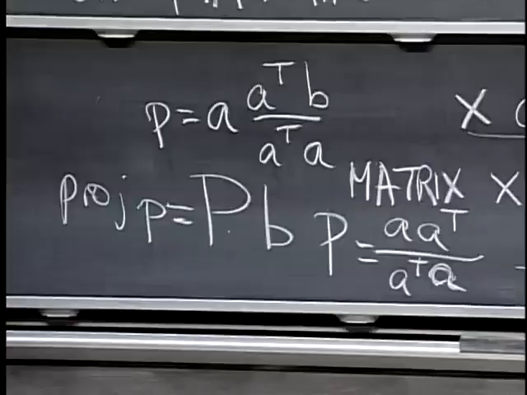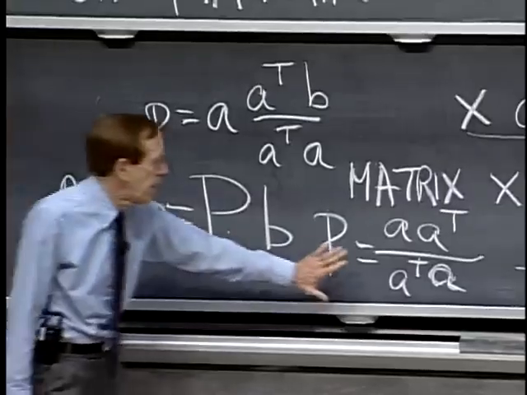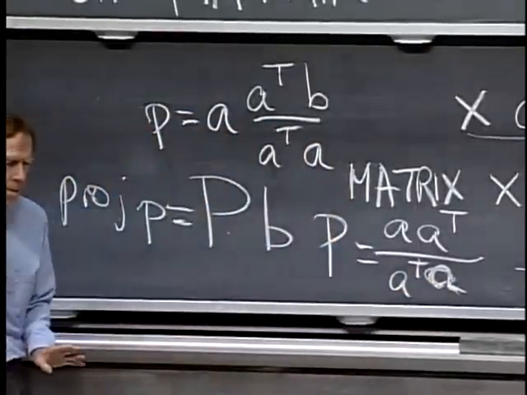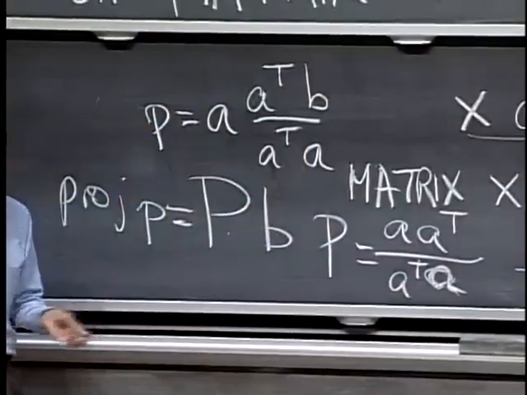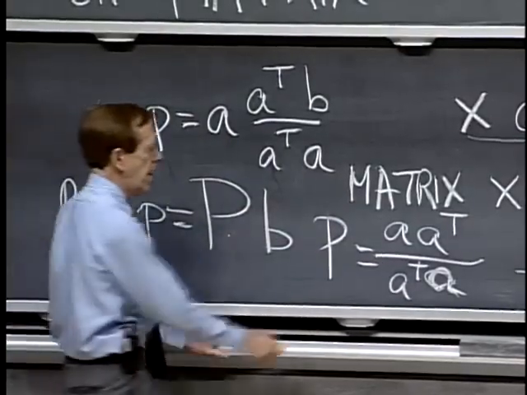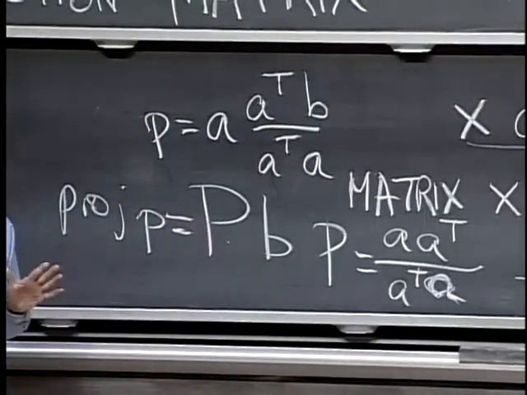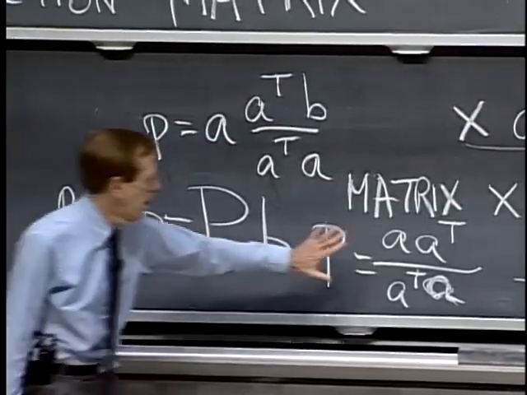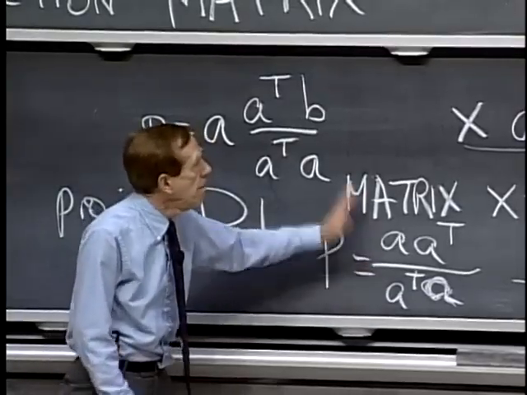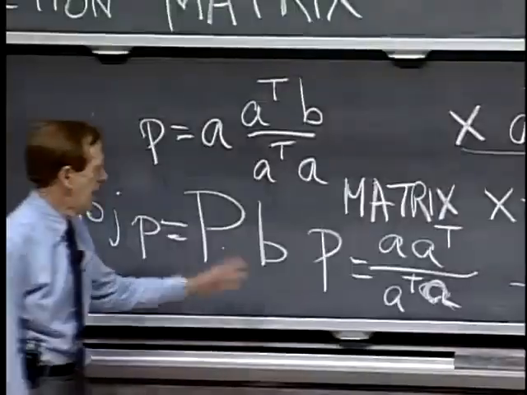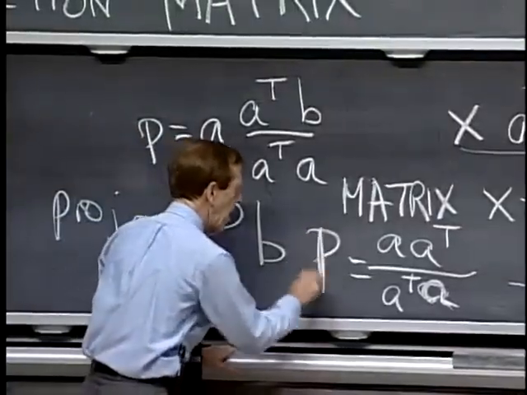That's not 1, right? That's a matrix, because down here, the A transpose A, that's just a number. A transpose A, that's the length of A squared. And up above is a column times a row. Column times a row is a matrix. So this is a full-scale n by n matrix if I'm in n dimensions. And it's kind of an interesting one.